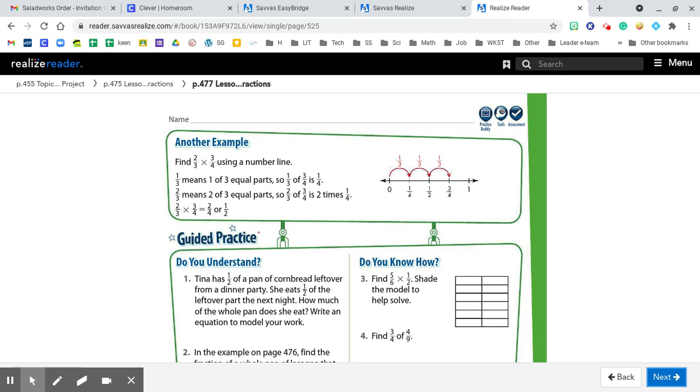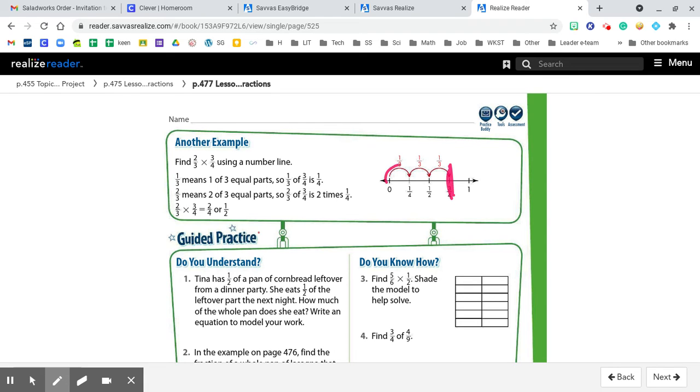Find 2/3 times 3/4 using a number line. A third way you can do it. So using a number line, 1/3 means 1 of 3 equal parts. So 1/3 of 3/4 is 1/4. So what we do is we say we want 2/3 of 3/4. We start with 3/4, which is right here.